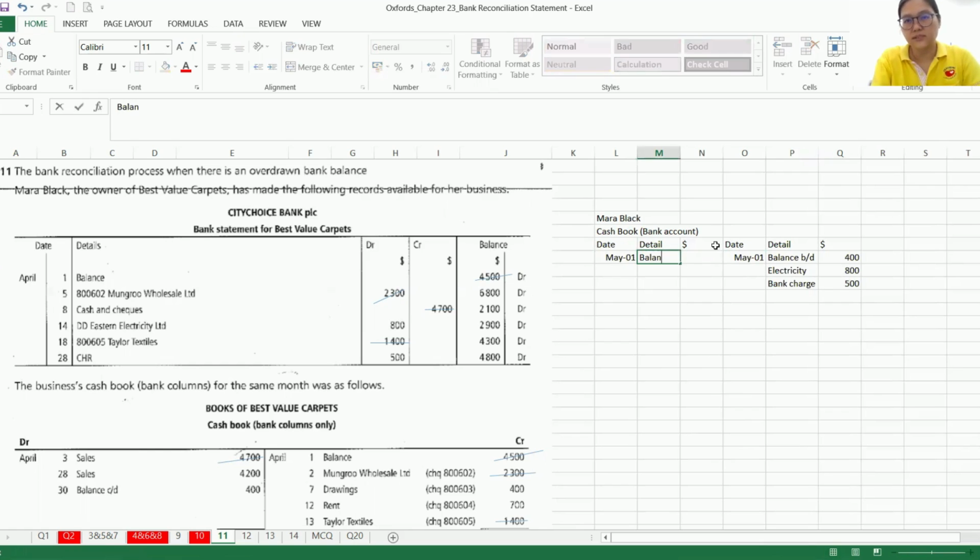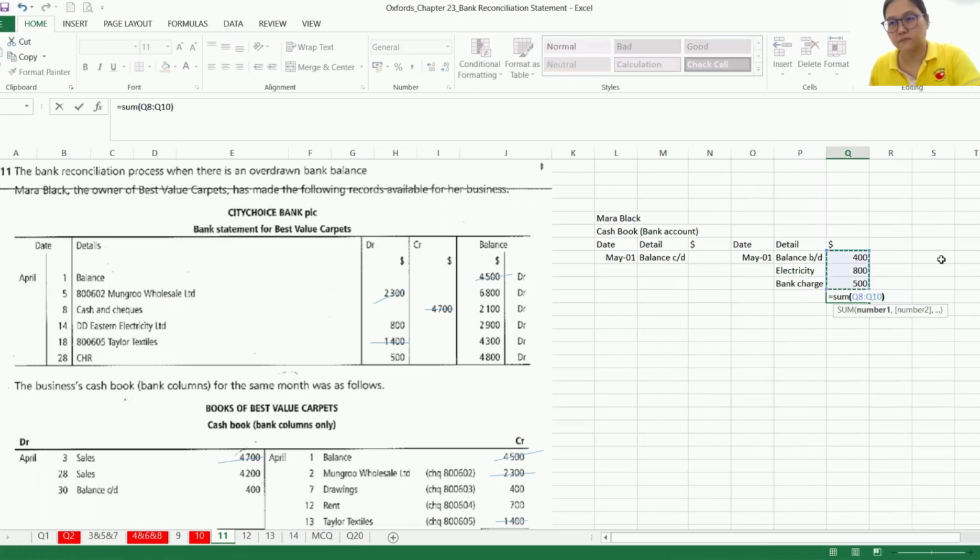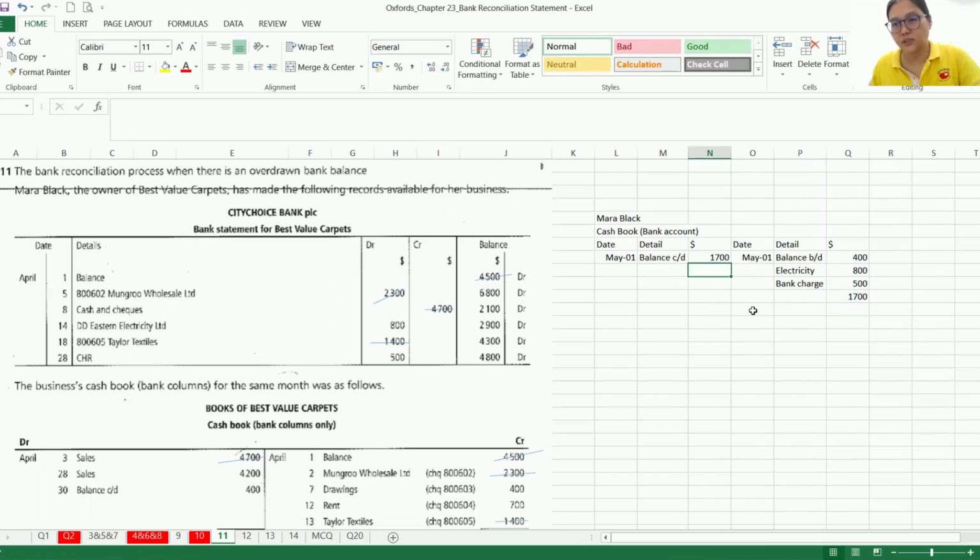So since in here don't have anything for the credit side to adjust, this should be the subtotal for it. So we subtotal it, 1007. Okay, so here will be the May 1st balance brought down, 1007.